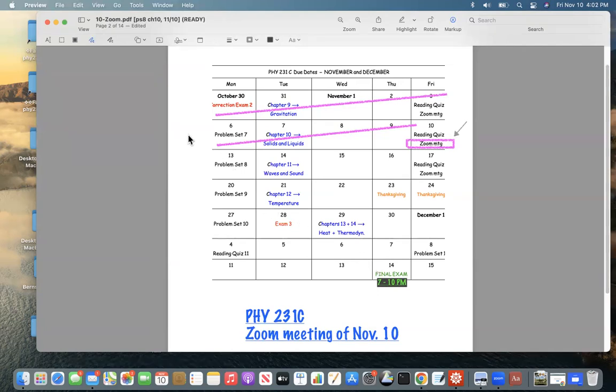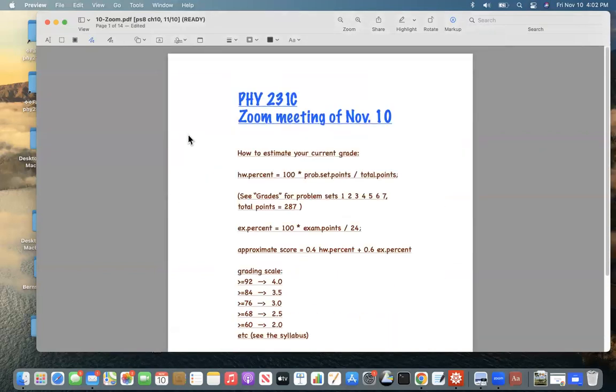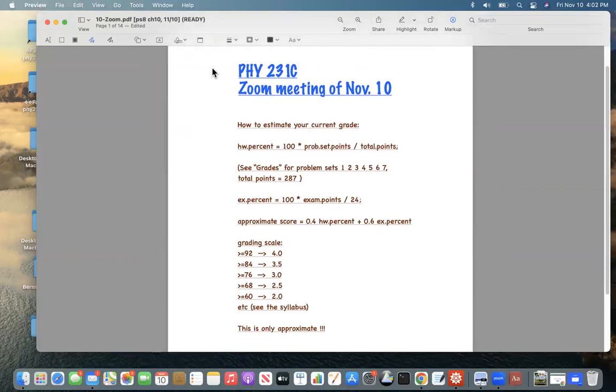Now, somebody asked me to show how to estimate your current grade if you're enrolled in the course. So here's how to estimate your current grade.